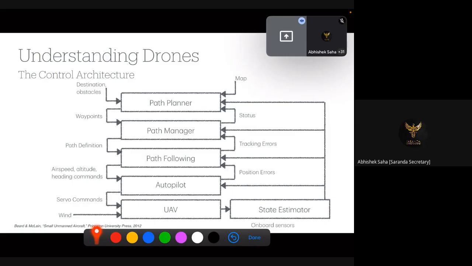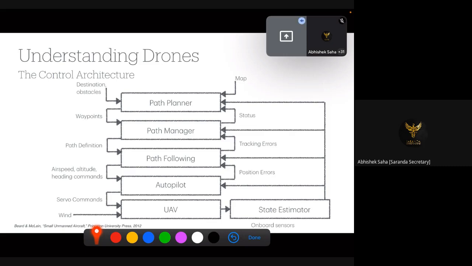The path manager tries to fit in all the straight lines and the circular arcs that it can, which goes to the path following. Path following ensures that the path is being followed by generating commands for the autopilot, and the autopilot sends the commands through by actuating the actuators that are there on the UAV.